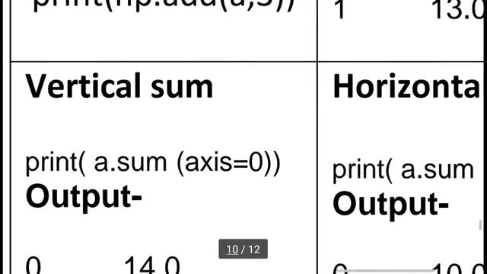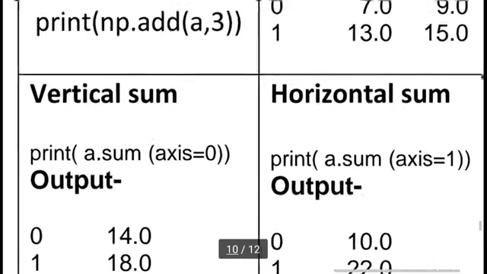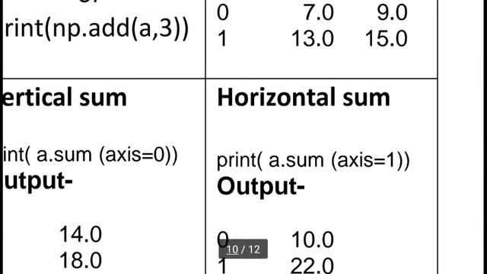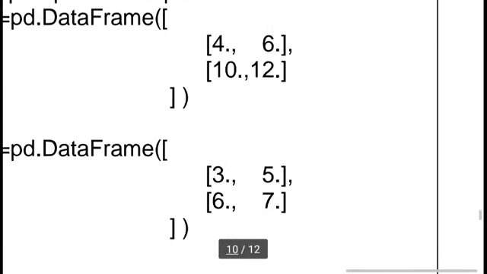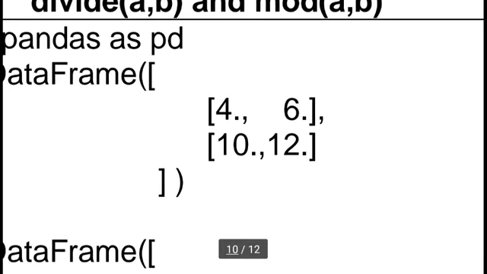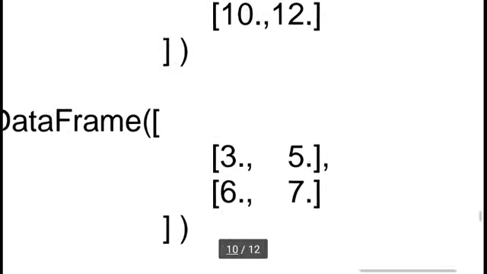Suppose I want a vertical sum and a horizontal sum. For the vertical sum we always use axis 0, and for the horizontal sum we always use axis 1. Here I am using only one data frame, A. Vertical sum means 4 and 10, the output is 14. 6 and 12, the output is 18.